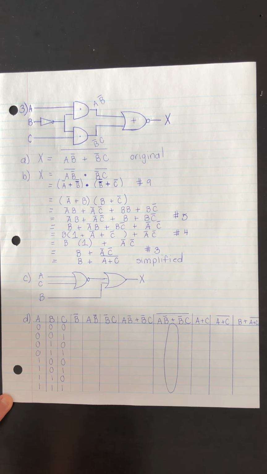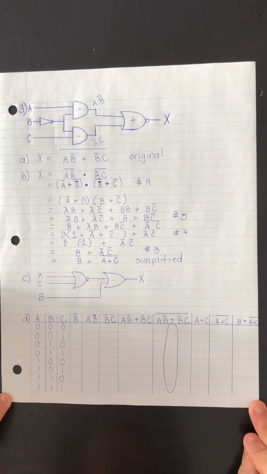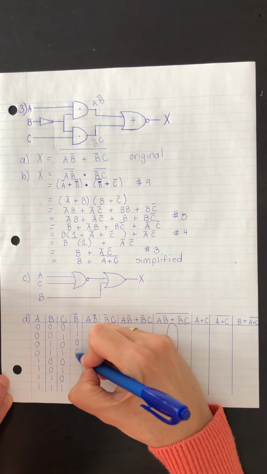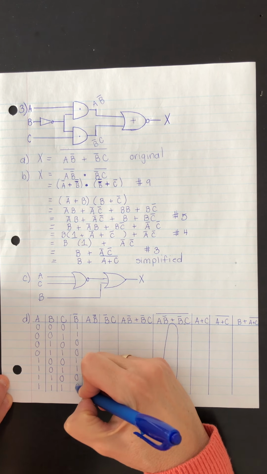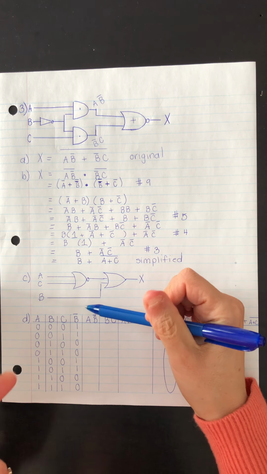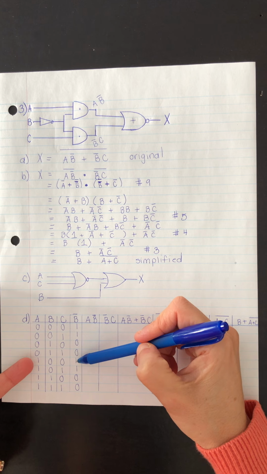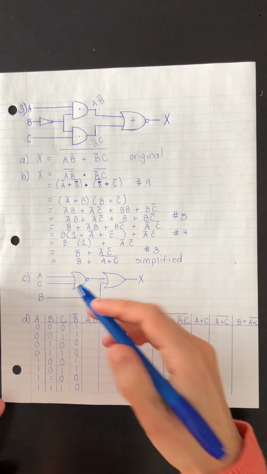Okay, so let's go ahead and fill in all the zeros and the ones. So B naught. Now we have to multiply A and B naught. So 0, 0, 0, 0, 1, 1, 0, 0.